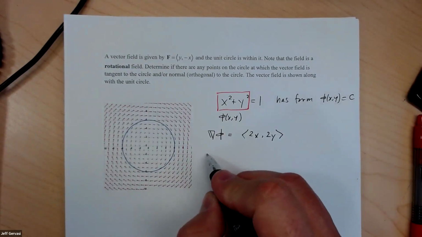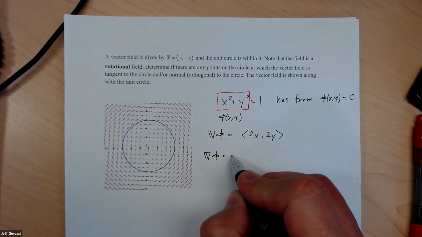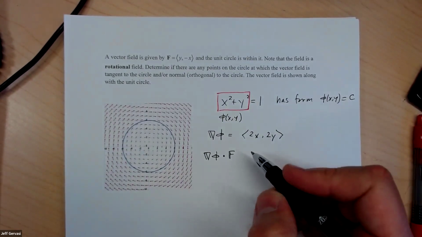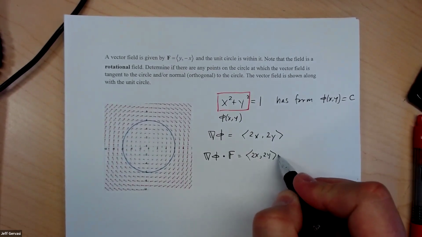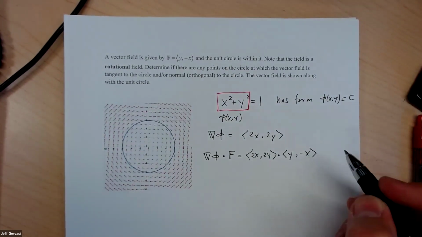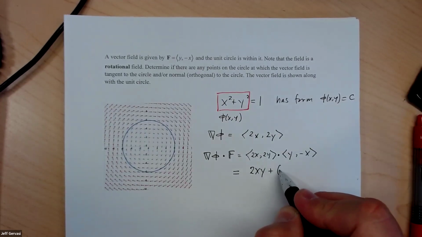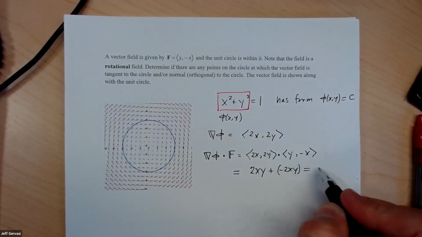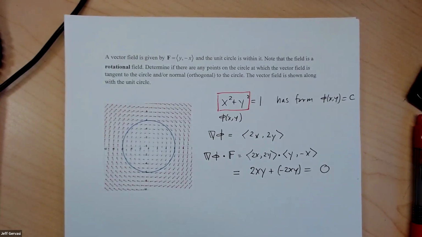Now notice also, if we take that gradient and we dot it with the vector field, then we're going to get zero back, right? So this tells us that the vector field is orthogonal to the gradient vector everywhere along that curve.